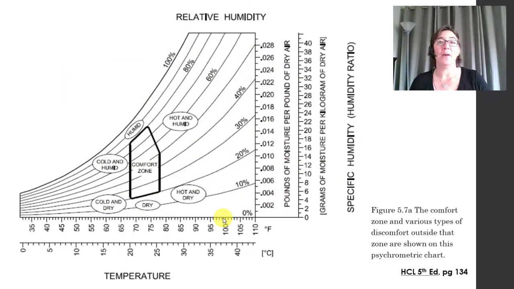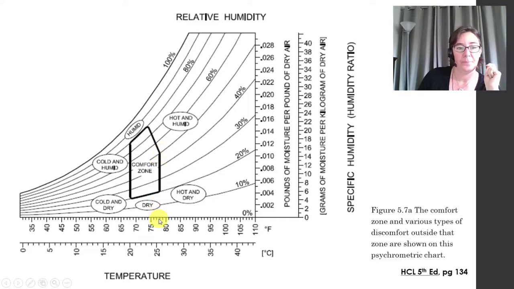Now, in the last video, I gave you some general boundaries for human comfort zones. It turns out we can map them on this type of graph, and that's one of the most useful things that you can do with this graph. Let's take a look. Our human comfort zone for temperature was between 68 degrees, 65, 66, 67, 68 right there, and 78 degrees.